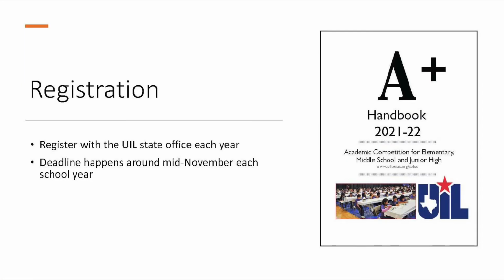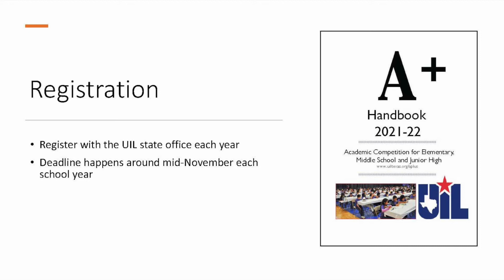The registration system for A+ academics is open each school year towards the end of May for the following school year. The link to register is on the A+ academics homepage. Once your registration has been processed by our office, you will receive a confirmation email with a link to download the A+ handbook. The A+ handbook is the number one resource for learning more about A+ academics.